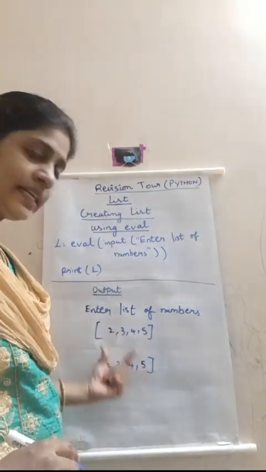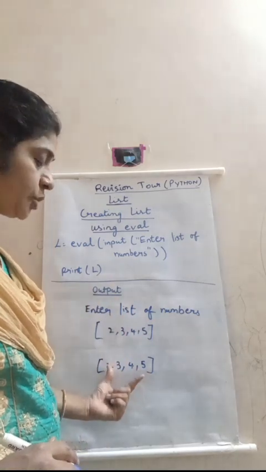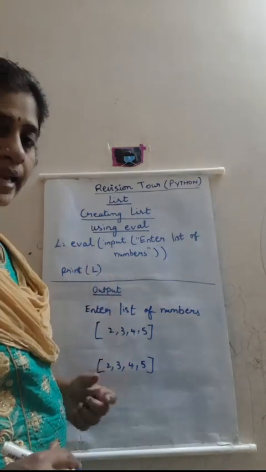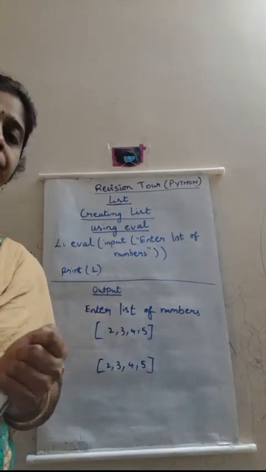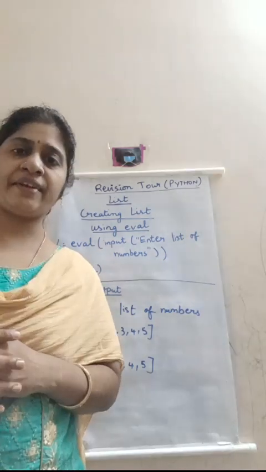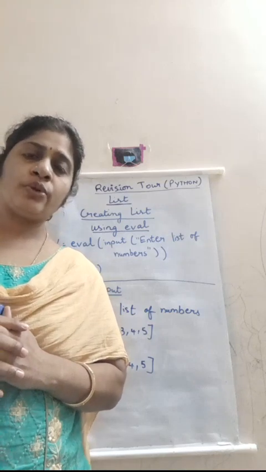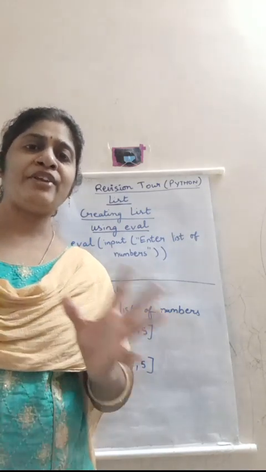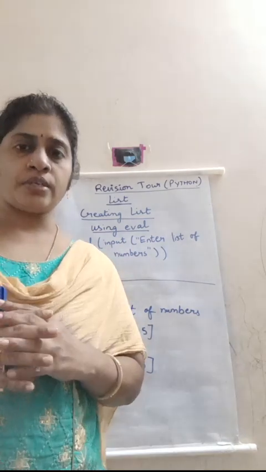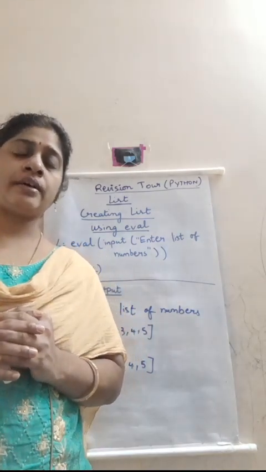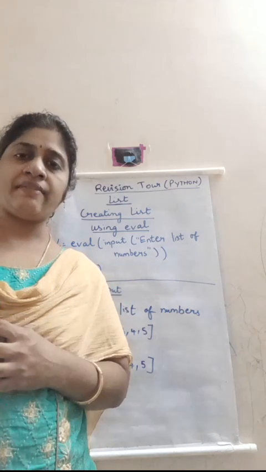Here I have given a list, so this will be converted into a list and stored in L. So this will be the value of L. This is the benefit of the evaluate function. So you have learned one new thing, the evaluate function, which will convert your string into Python code. So you can also create a list using the evaluate function.